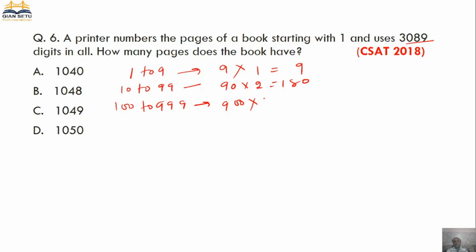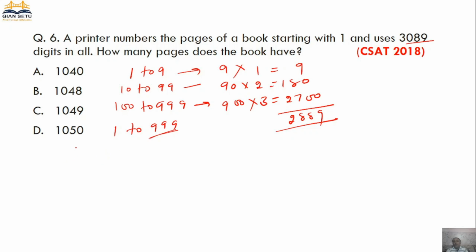And how many digits do we use per number? 3, and the total digits we use is 2700. So for counting from 1 to 999, how many digits do we use? 2889. So for printing from 1 to 999, we have used 2889 digits.